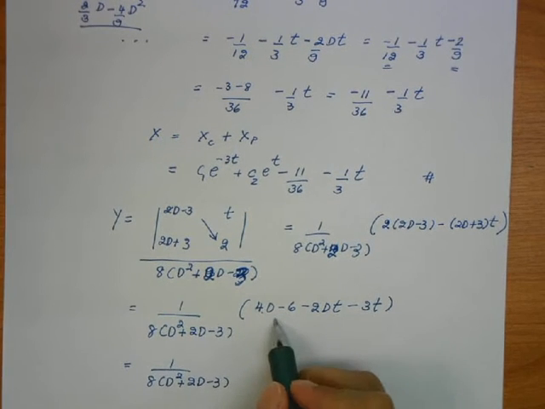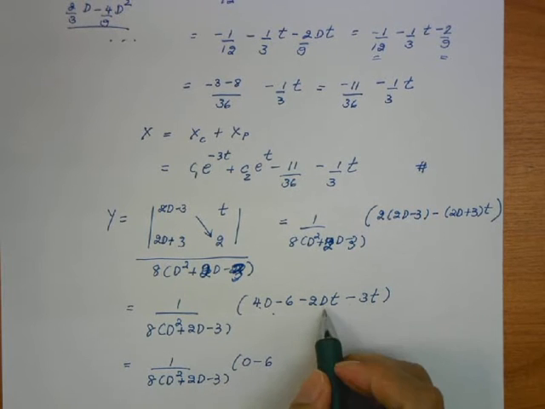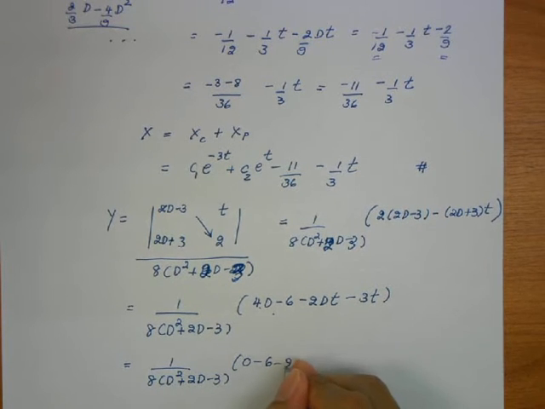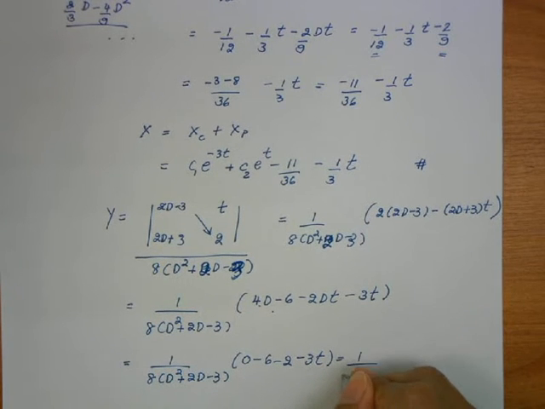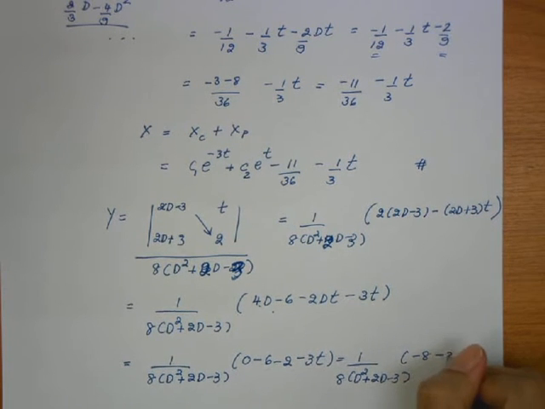For D equal to 0, 2Dt is equal to 2. And minus 8 minus 3t.